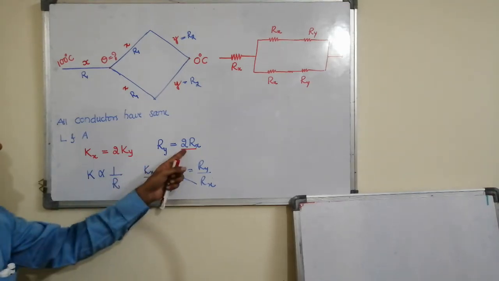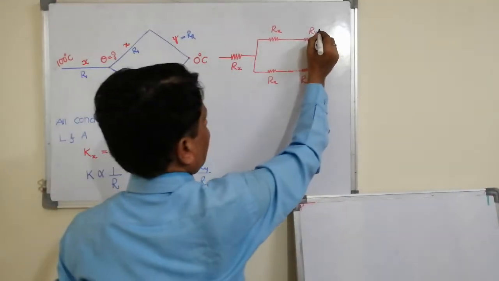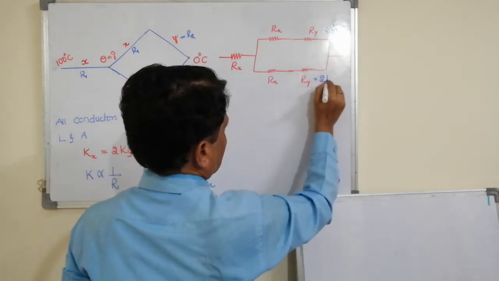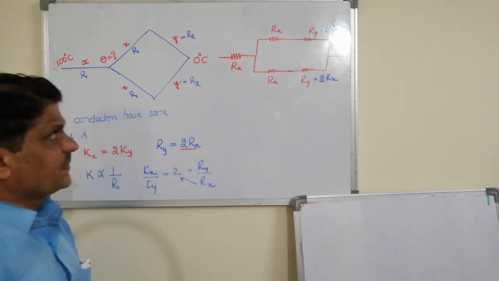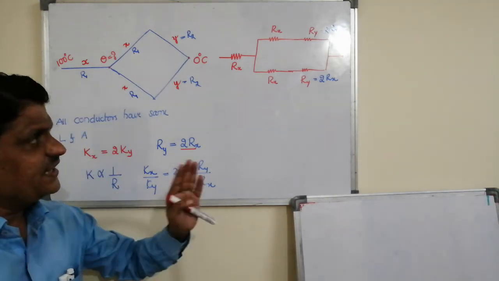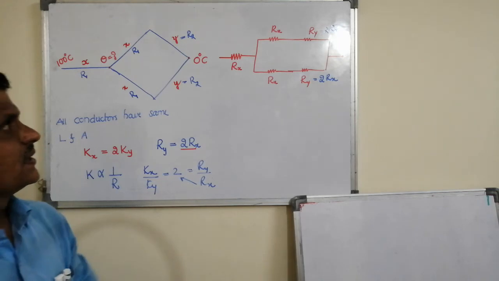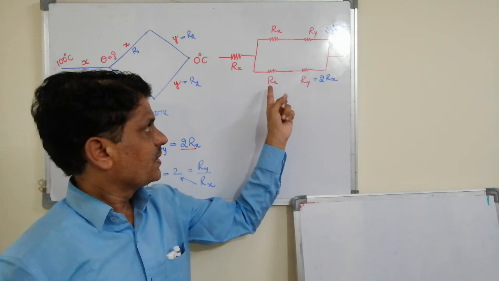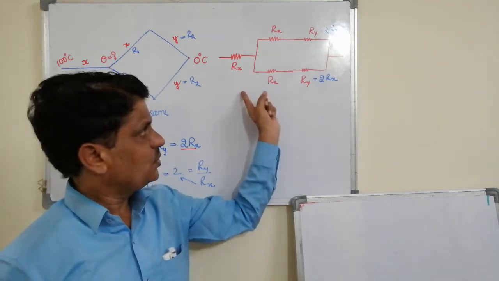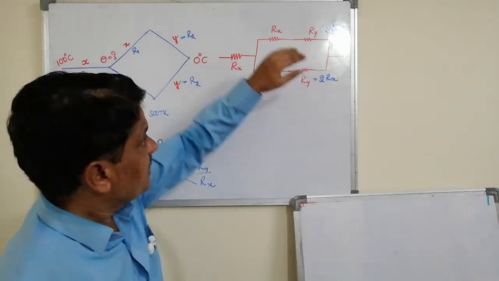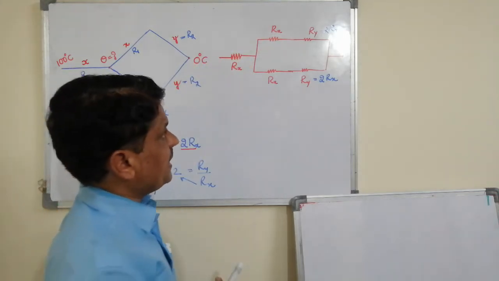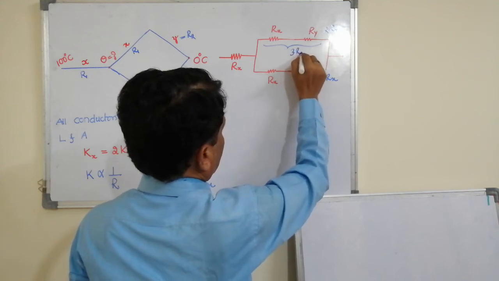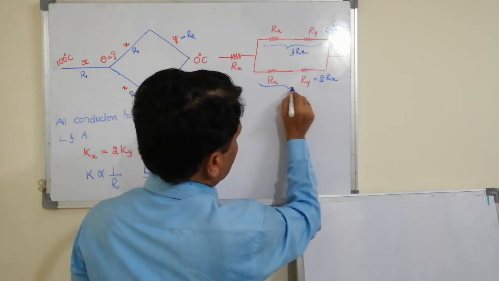You know that Ry is equal to 2 times Rx. Now, instead of detail, I will go in short. So it is 1 Rx, it is 2 Rx, total 3 Rx. 1 Rx, 2 Rx, total 3 Rx. This total is 3 Rx, and this is also 3 Rx.